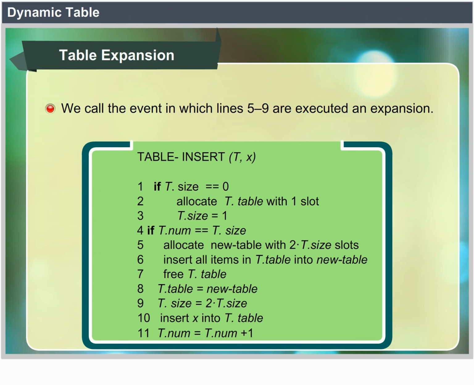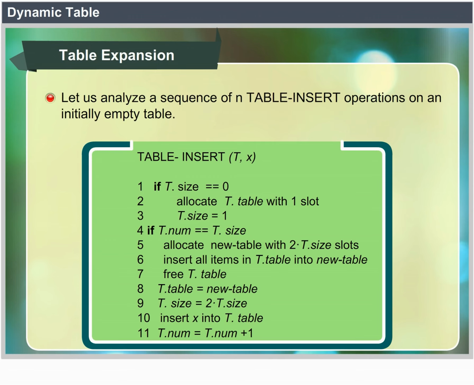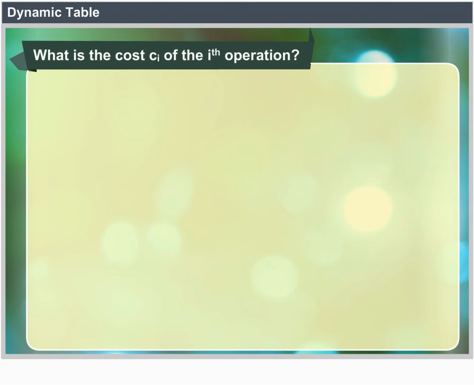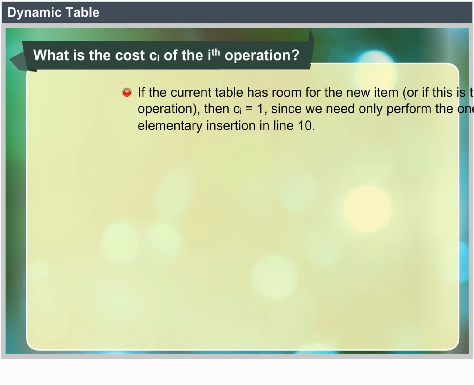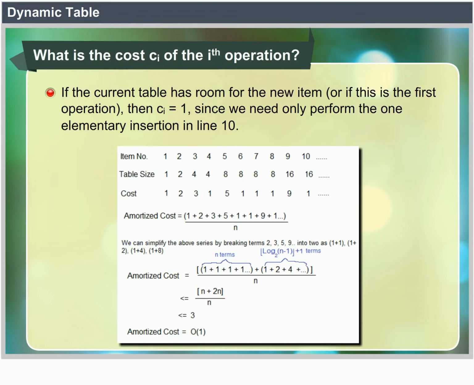Let us analyze a sequence of n table insert operations on an initially empty table. What is the cost Ci of the ith operation? If the current table has room for the new item, or if this is the first operation, then Ci equals 1, since we need only perform the one elementary insertion in line 10.